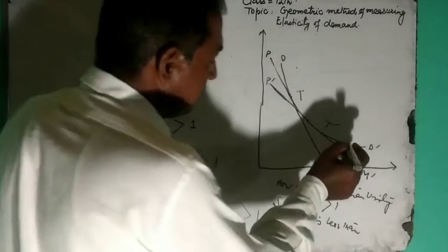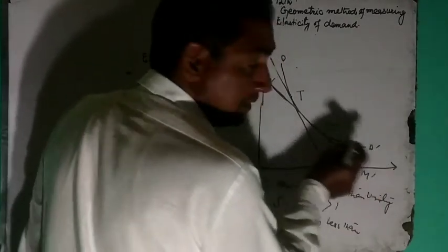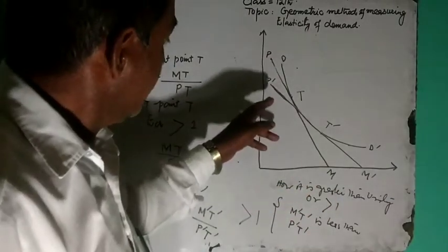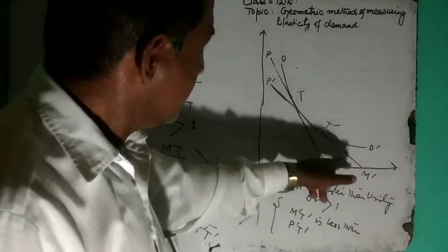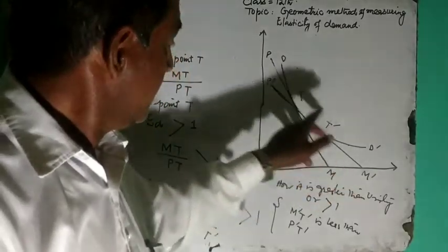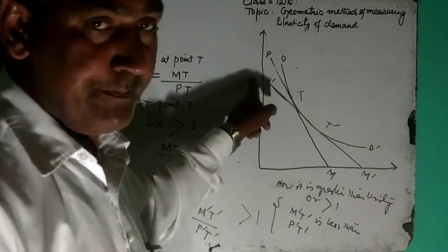Now, if we are asked to measure elasticity of demand further on a lower part, we have to draw another tangent. If we are asked to find elasticity of demand at a higher point, we have to draw another tangent. In this way, we observe that the lower segment of the tangent is divided by the upper segment of the tangent.